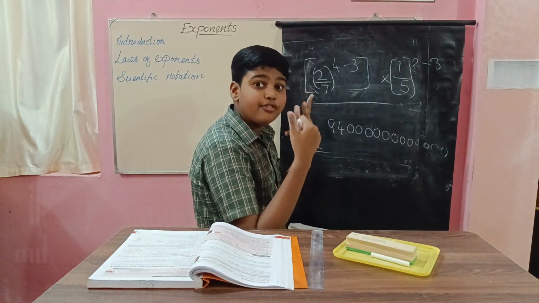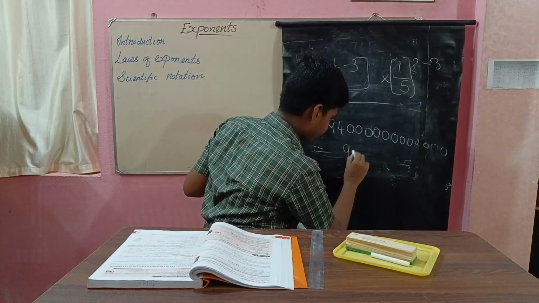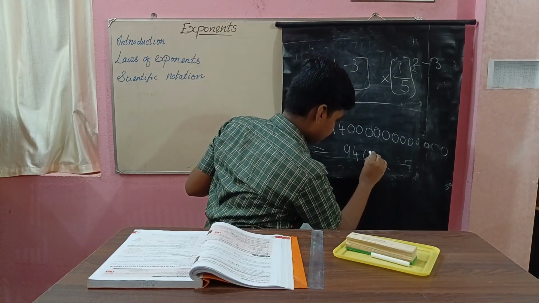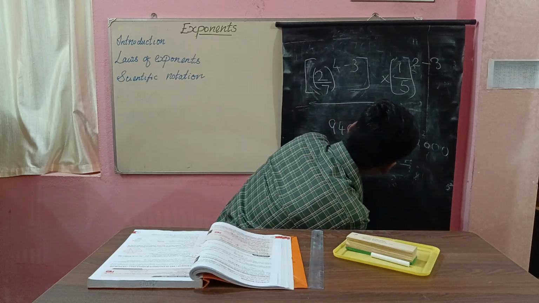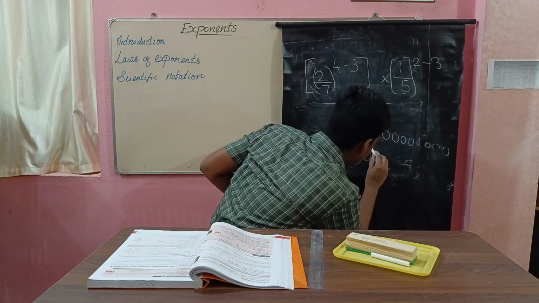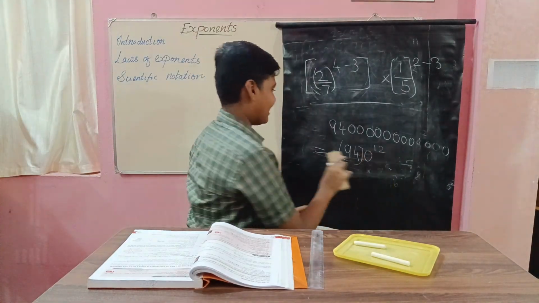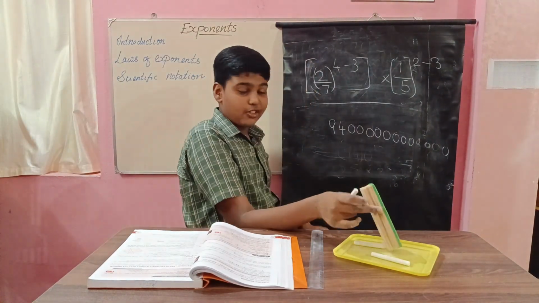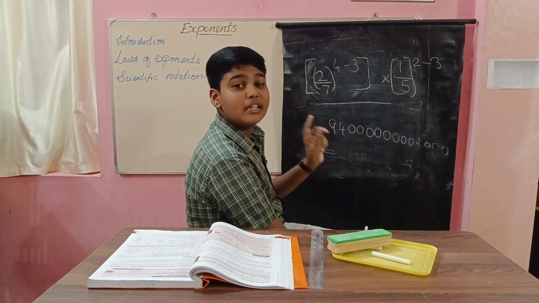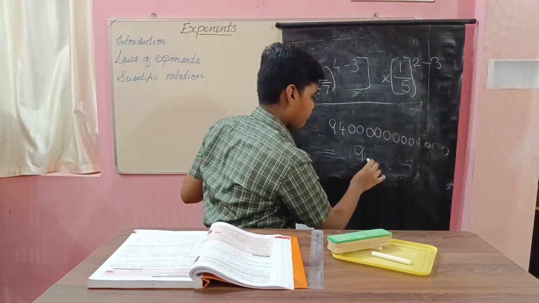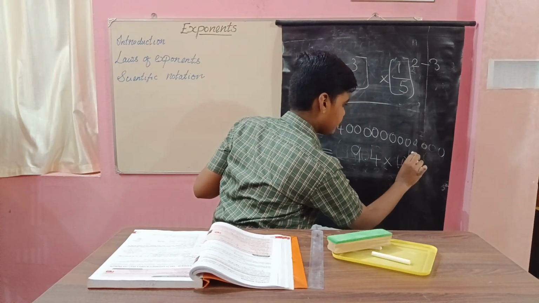But in an easier form, you may write like this: 9.4 power in bracket 0, 1, 2, 3, 4, 5, 6, 7, 8, 9, 10, 11, 12, zeros. How silly it is. But in scientific notation, that's not the thing we're going to do. We just need one whole number: 9.4 into 10 to the power of 12.